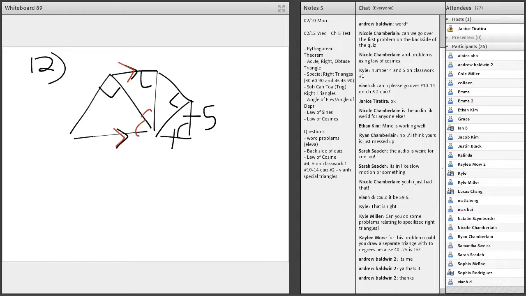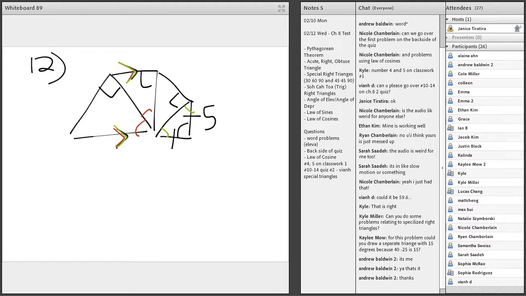So let's start slow. Over here on the very bottom right, these are 45-45-90 because of the tick marks. It's an isosceles right triangle. Then we know the top and bottom bases are parallel, so it's maybe a trapezoid or some sort.